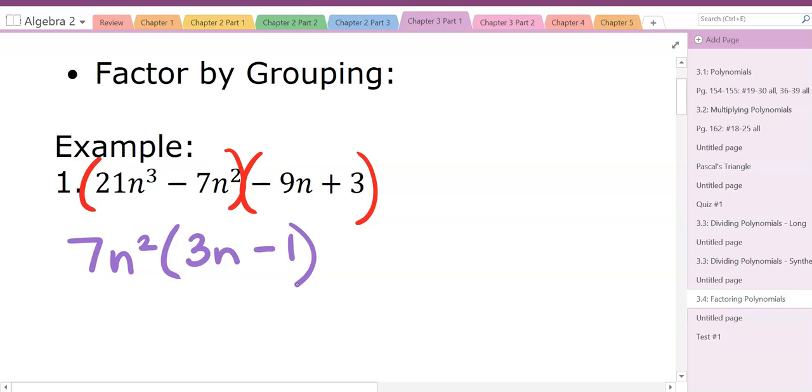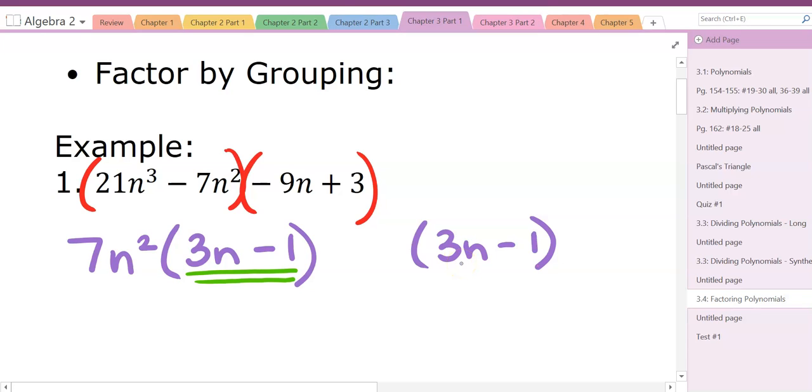So remember when we were factoring before, what's inside the parentheses, we want it to match on the other side too. So when I factor this second grouping, I want there to be 3n minus 1 left in my parentheses. If it helps you, I would almost just go over here and write that out, and then ask yourself, what did I take out in order for there to be a 3n minus 1 left?